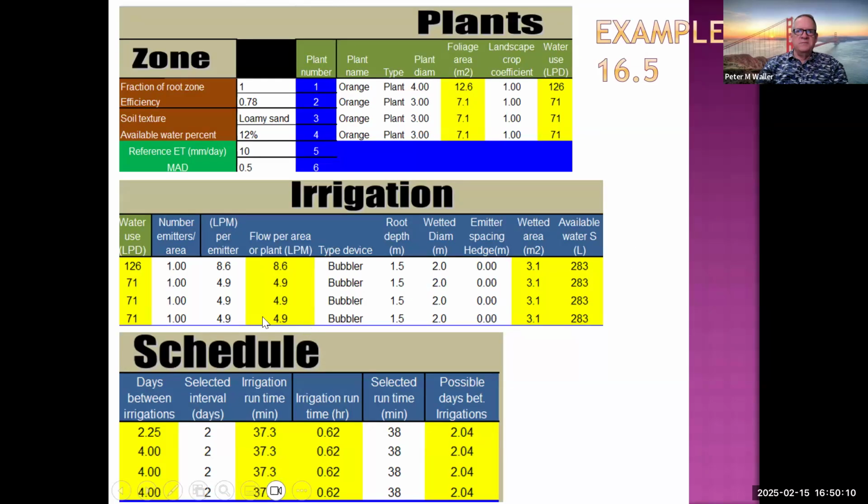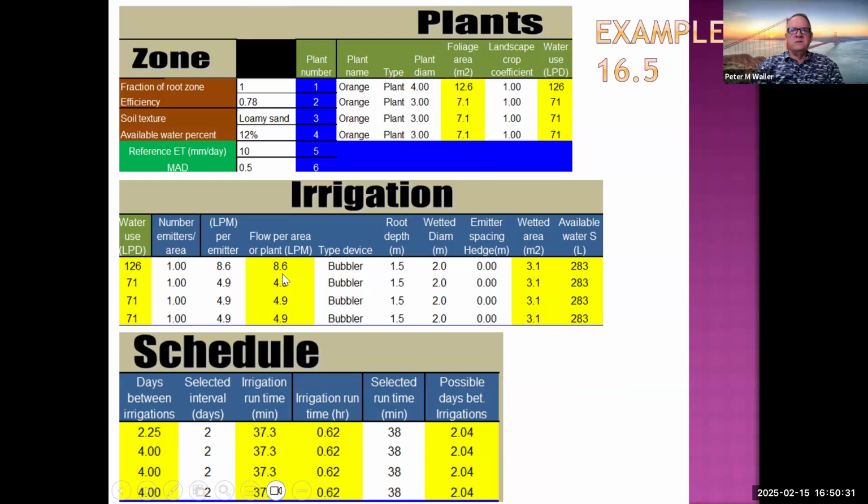So here's the spreadsheet. In this spreadsheet, the water use was not divided by the irrigation efficiency. So the water use rates are 126 and 71 instead of 160 and 90. And the maximum flow rate for these types of emitters is 8.6 liters per minute.